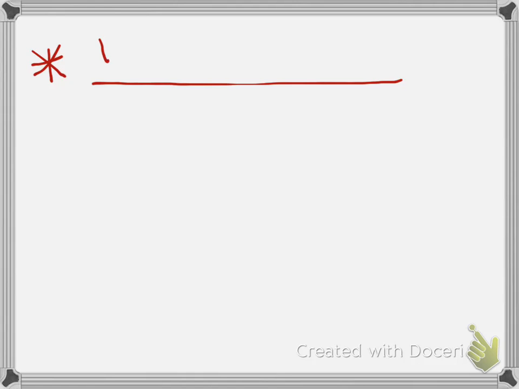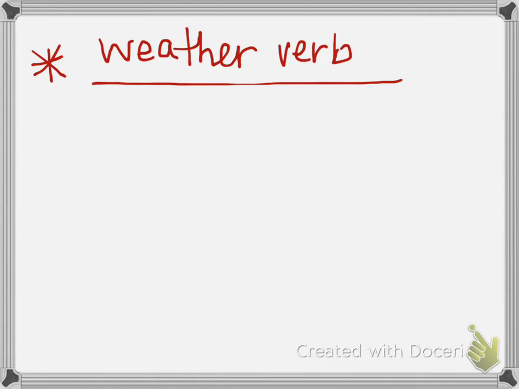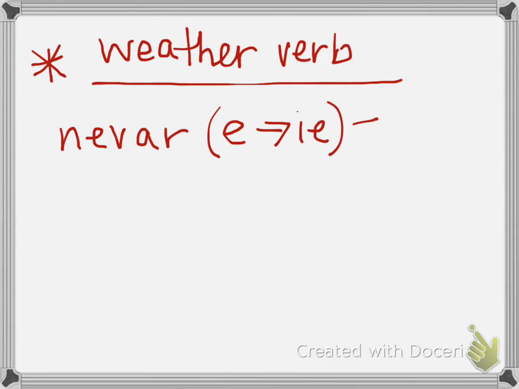Because our last one here is actually just a weather verb. And on yours, you have nevar. And you'll notice this is an E to an IE stem changer, which means to snow. Okay, now you don't normally say I'm snowing like nievo.